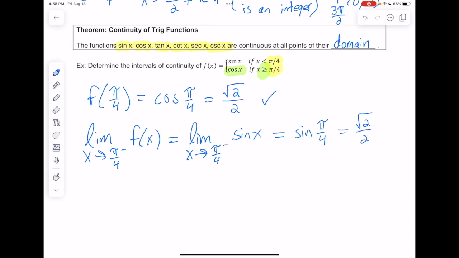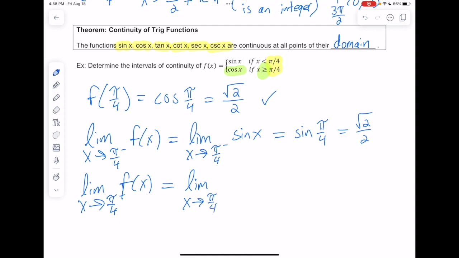And then if we look at the limit from the right of f of x, because we're looking from the right, we're looking at values where x is greater than pi over 4. So we'd use the branch of the function, cosine of x, which is defined for the x greater than pi over 4 piece.